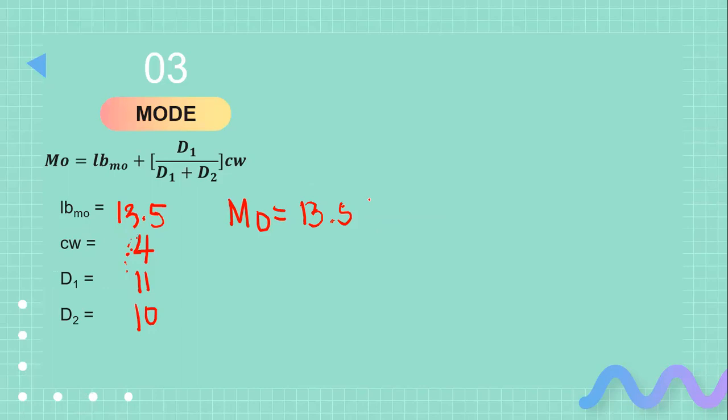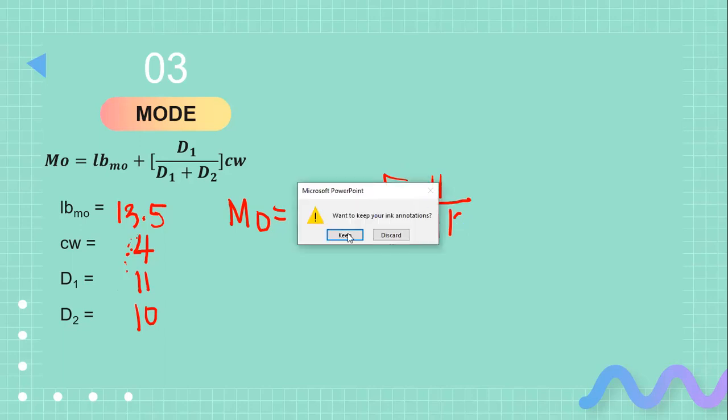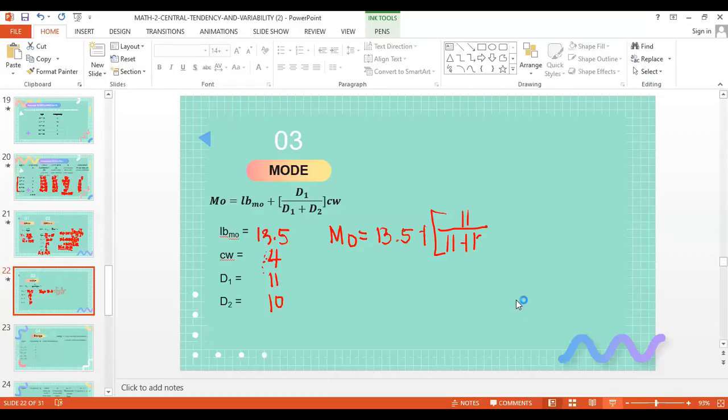And 0.5, then plus the D1, how many in the D1 class, 11, then 11 plus 12.